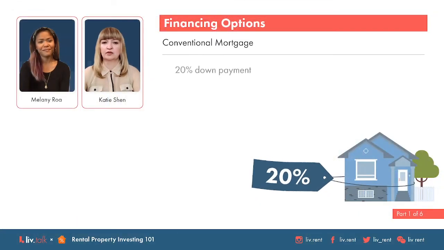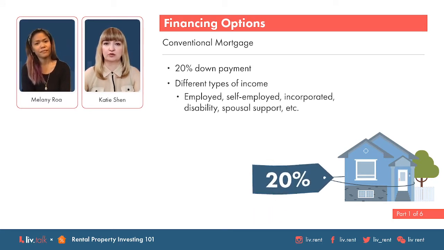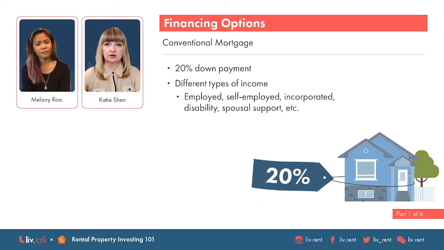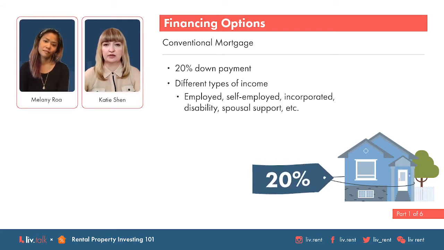Absolutely. That's one of the main things a potential investor would consider, how much they have to spend on the financing. So conventional mortgage is a typical program for rental purchase. It requires 20% down payment, and different types of incomes can be eligible for that mortgage.